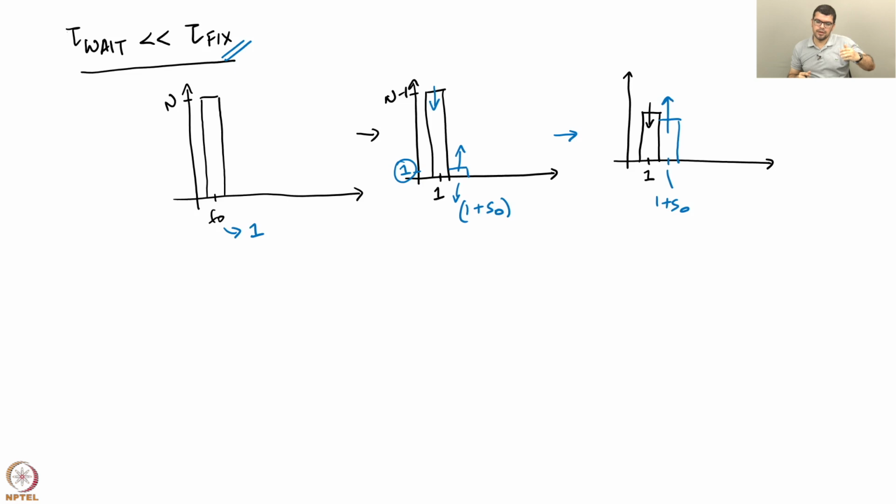However, there is a problem here: because tau fix is really long compared to tau wait, even before this reaches N, another beneficial mutation is going to take place in this population, and we will have a third genotype make its appearance, whose fitness is 1 plus 2 s naught.